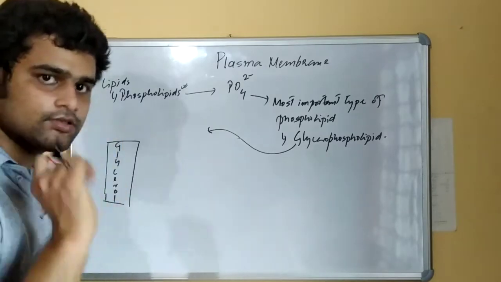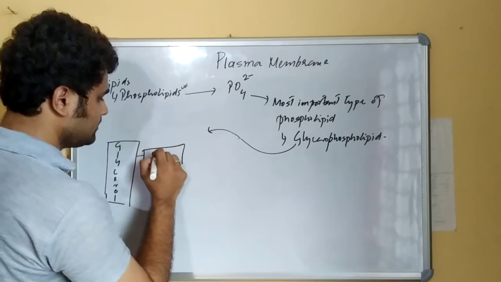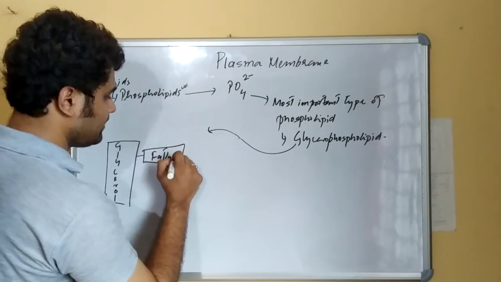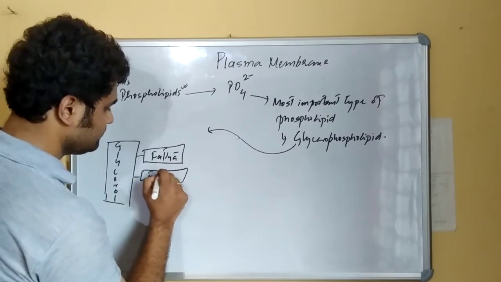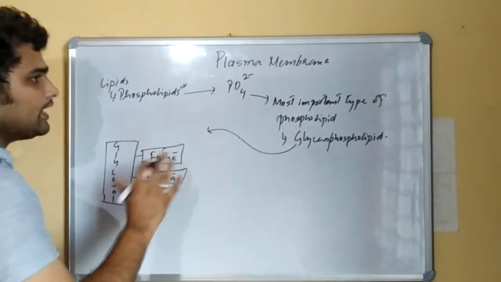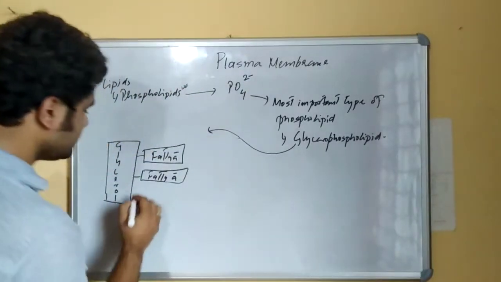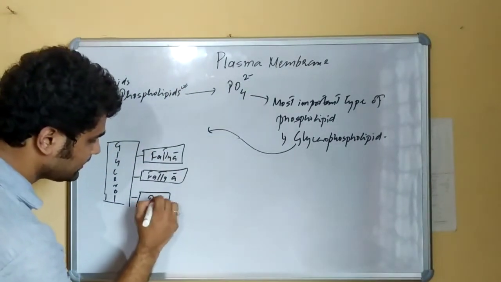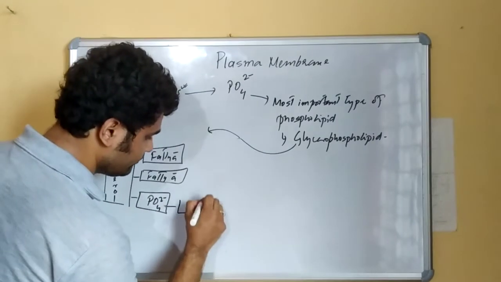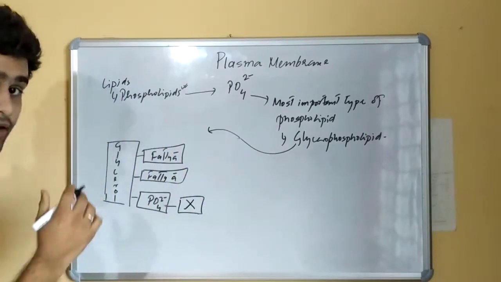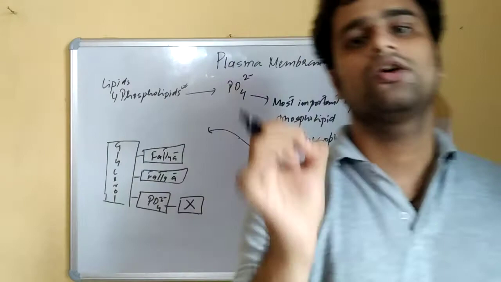If they have a glycerol backbone along with two fatty acid chains attached to the glycerol backbone this way, and as the name suggests, it is also a phospholipid, so another phosphate group is attached to the glycerol molecule along with a head group X. Okay, so this is the general structure of a glycerophospholipid.